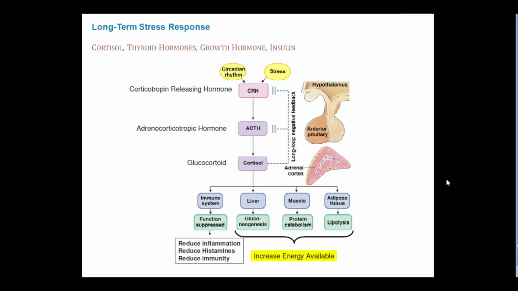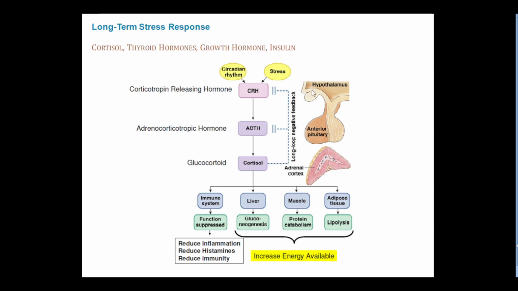During the resistance stage, you will have long-term stress responses. Examples of hormones involved in this stage are cortisol, thyroid hormones like T3, T4, growth hormone, and insulin, because energy is still needed to fight the stress. And the most important hormone within this stage is cortisol. As you might have heard, this is also known as the stress hormone.